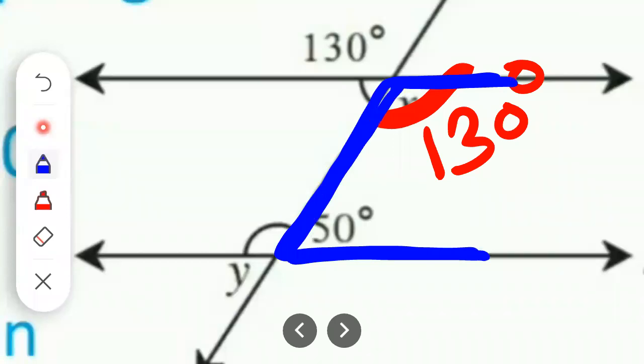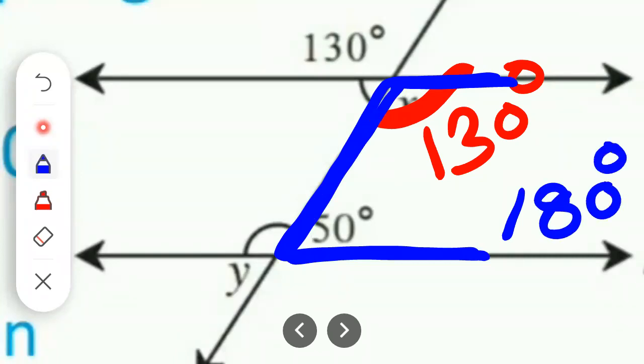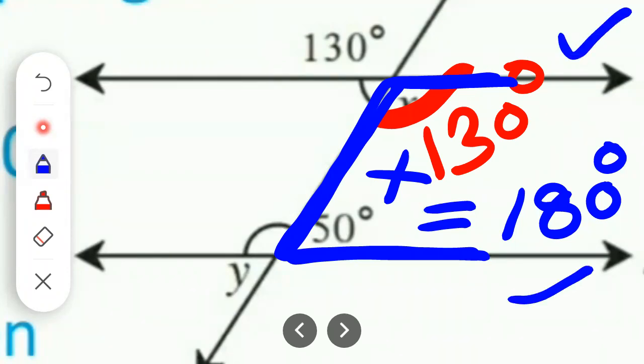And the property of interior angles is that they are supplementary. That means they should measure 180 degrees together. Now here, if we add 130 degrees plus 50 degrees, the sum will be 180 degrees. That means by the interior angle property, those two lines are parallel to each other.